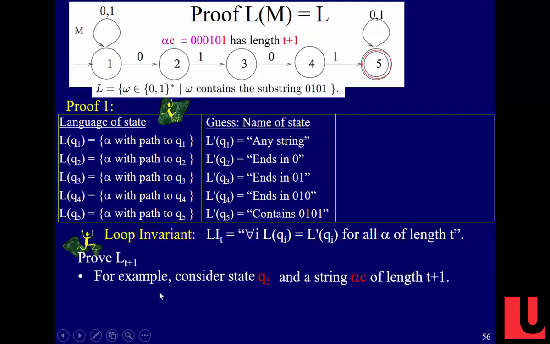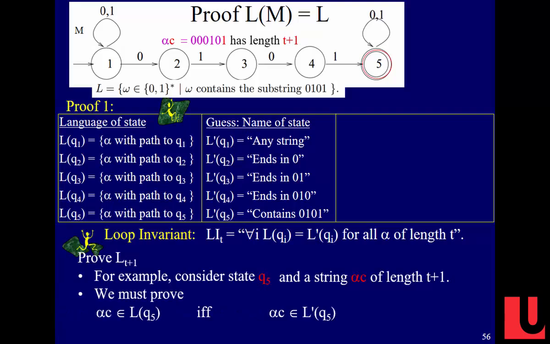I'm trying to prove that this equals this for all strings of length t. So I take an arbitrary string of length t plus 1, and I have to prove that this equals this. And how do I do it?